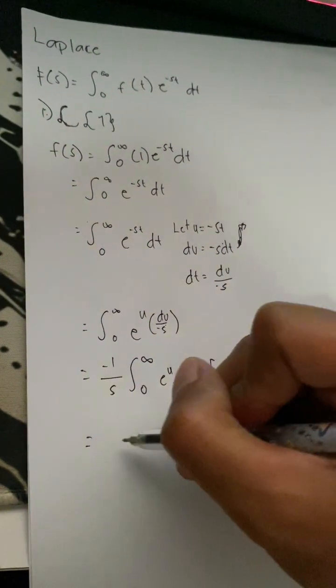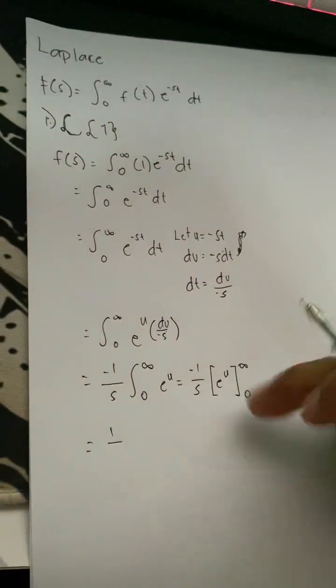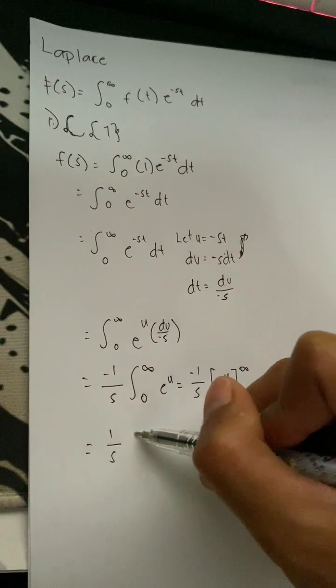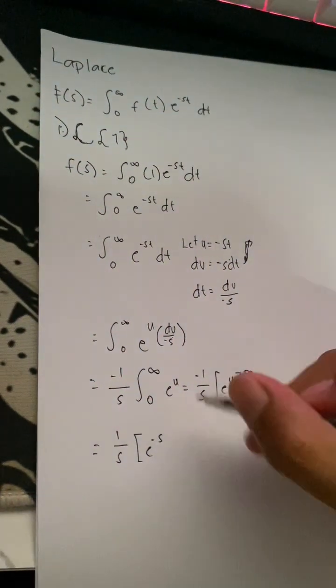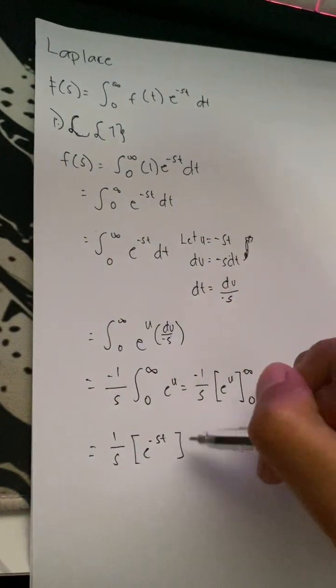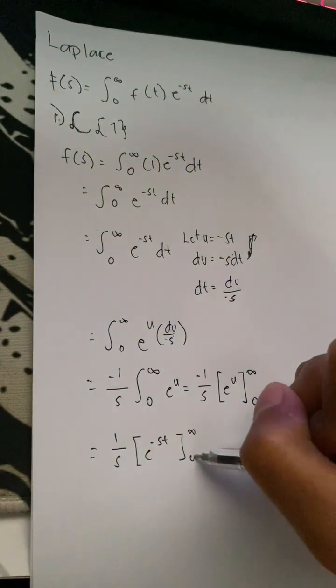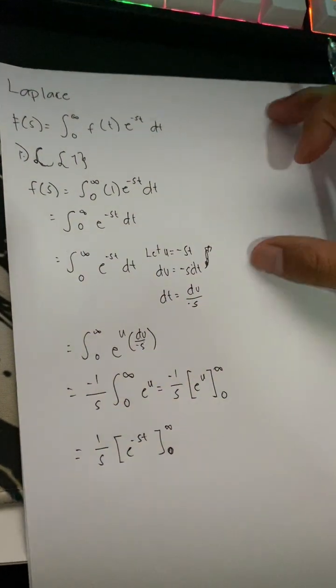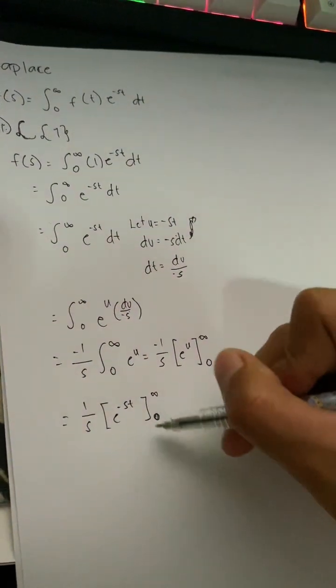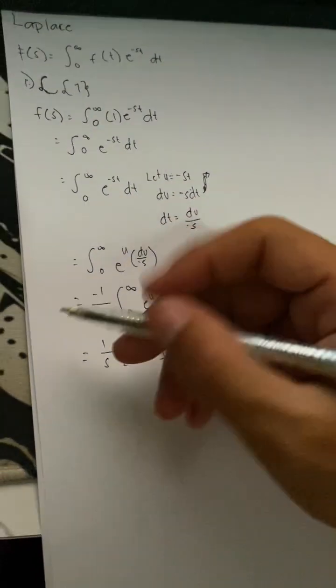We need to back substitute the value of u: u is negative st, so it becomes e raised to negative st, from 0 to infinity.